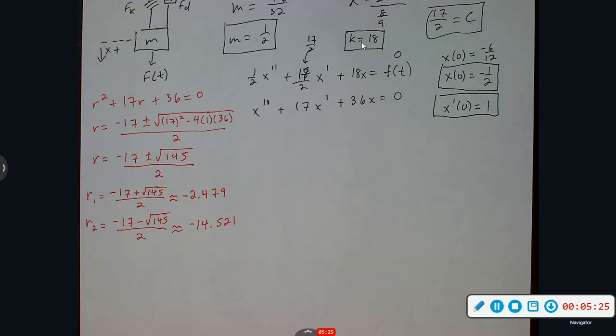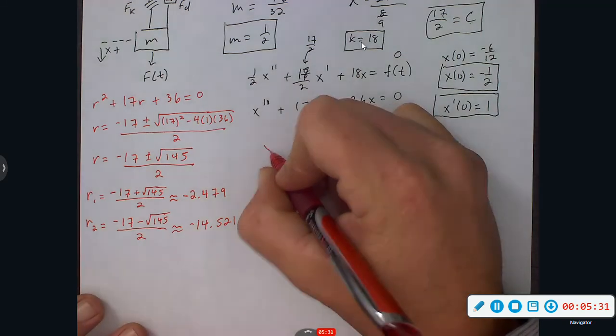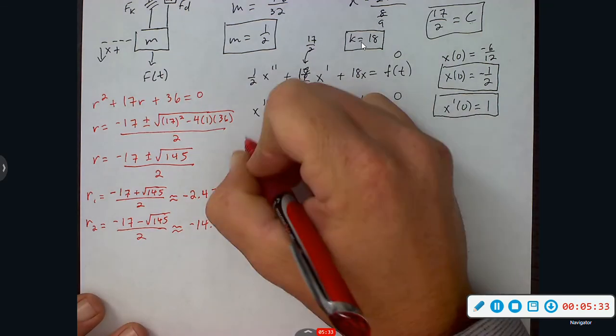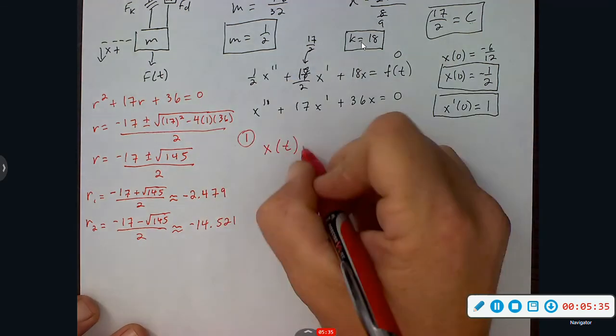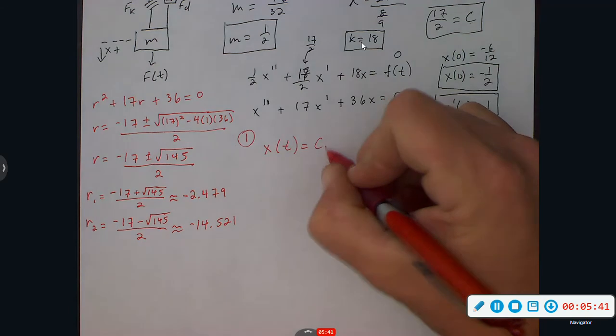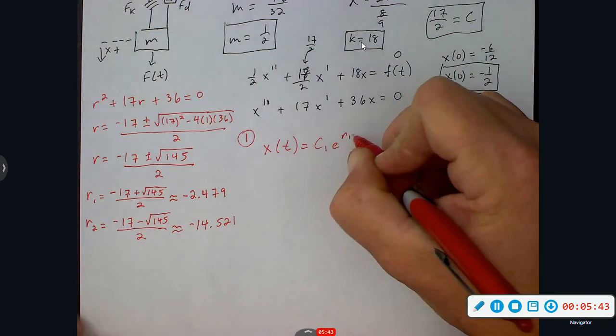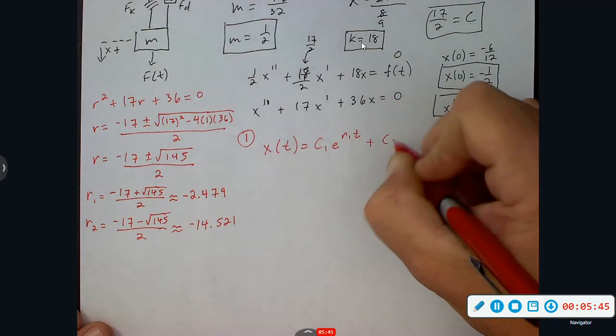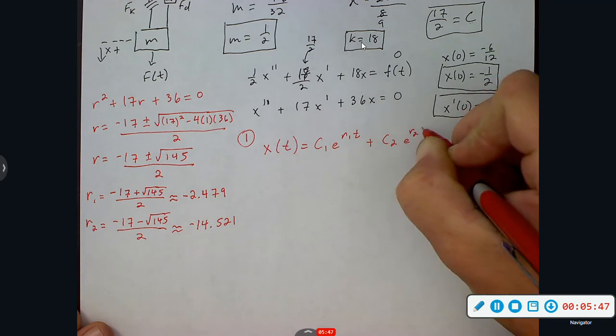Cool. So next thing, we need to write our equation. So our equation is x of t, and again, this is case 1. I probably should write out case 1 for you, huh? Case 1, c1 e to the r1 t plus c2 e to the r2 t.